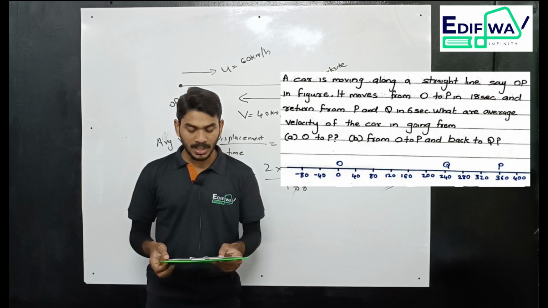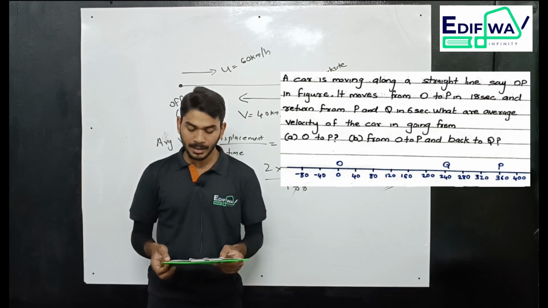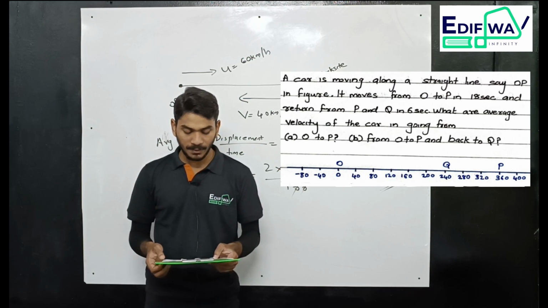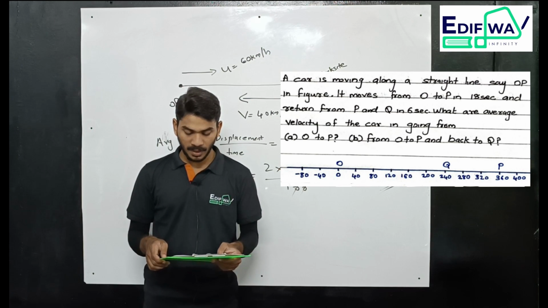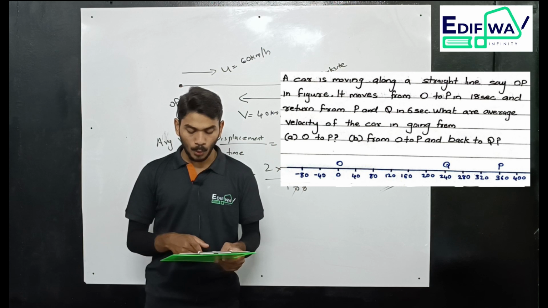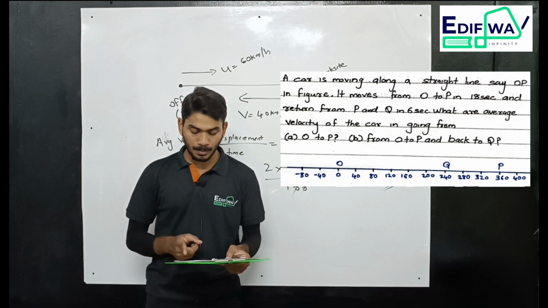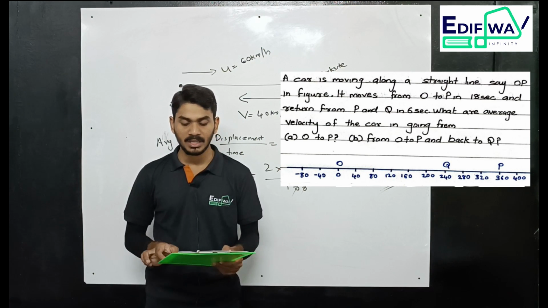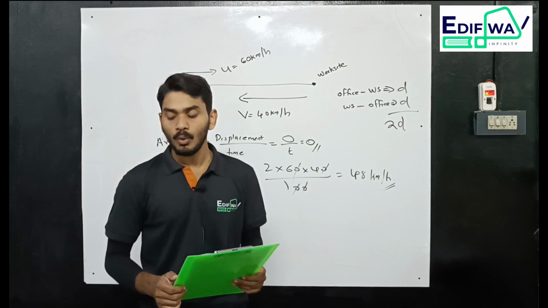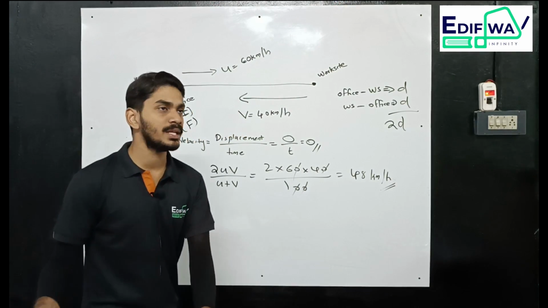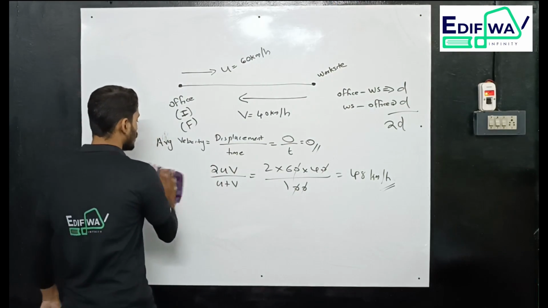What is the average velocity of the car in going from O to P, then from O to P and back to Q? You have to find the average velocity. Now you have a number line there.